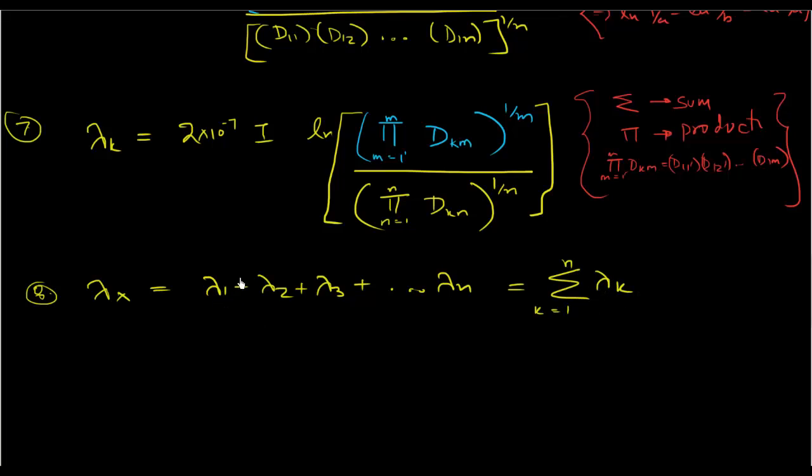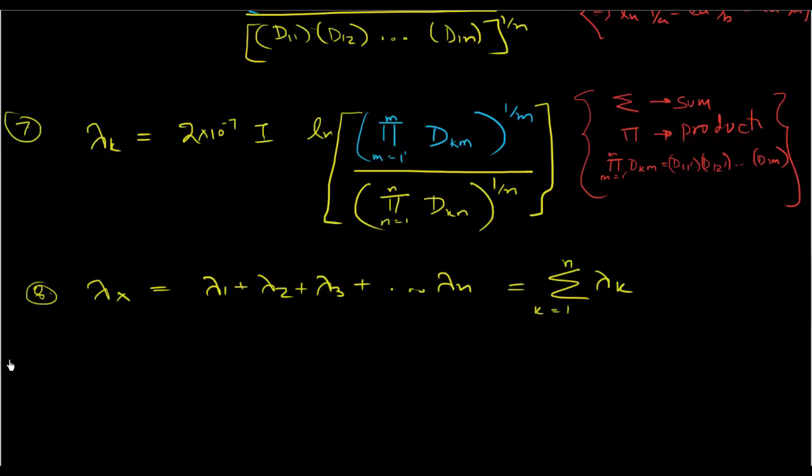But now, if you see, 2 into 10 to the power minus 7 I is going to be common, and then you're going to have ln for lambda 1, lambda 2, lambda 3, and we know the summation of lns can be written as the ln of a product.